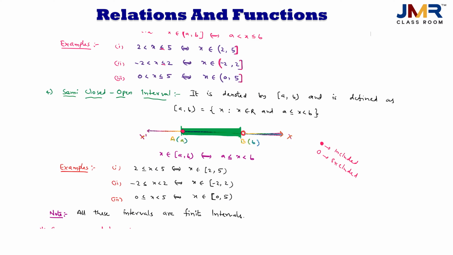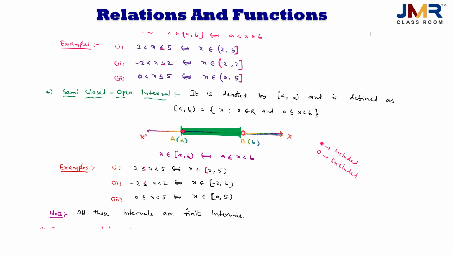Closed a, open b equals the set of x such that x belongs to R, a less than or equal to x less than b. So x can take a but is less than b. For example, 2 less than or equal to x less than 5, then x belongs to closed 2 to open 5, because left side is closed, right side is open.